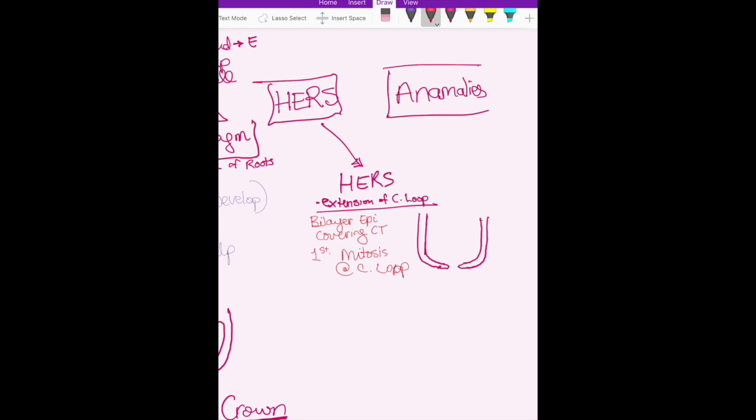Then, as the mitosis is happening, it goes more apically, and the cervical loop bends and forms your epithelial diaphragm. That's why we say the epithelial diaphragm is part of HERS. Third, we have the bilayer epithelial diaphragm, once again inner and outer epithelial. And then finally, both of the epithelial diaphragms on either side give you your root canal or your apical foramen.